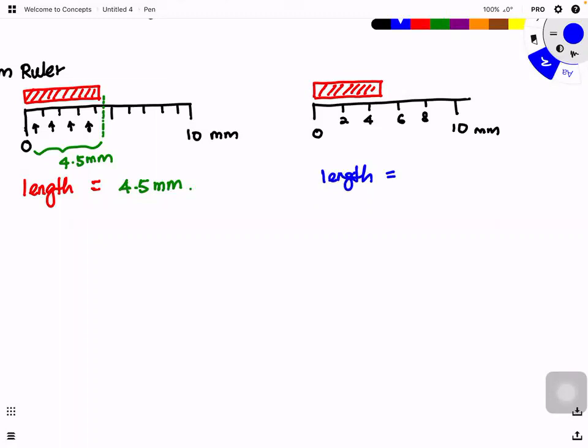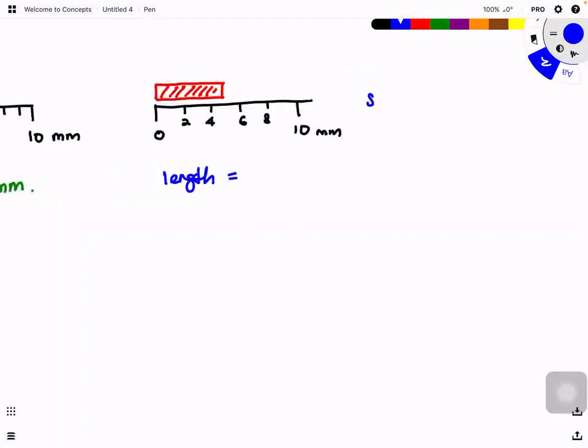The sensitivity in this case: 1 division is 2 mm, divided by 2, so the sensitivity is 1 mm. Every time I report, for example in this case, 5 mm. I cannot put 5.0. If you give me 5.0, it means I can read even 5.1, 5.2. Cannot. Or 5.5, I cannot, because the sensitivity is half of the smallest division.